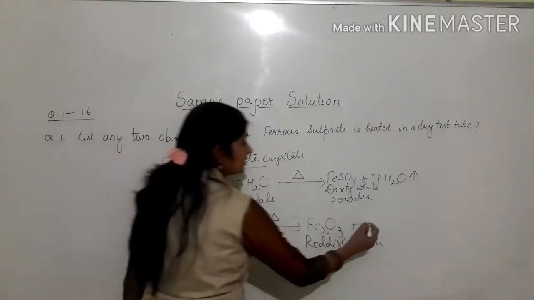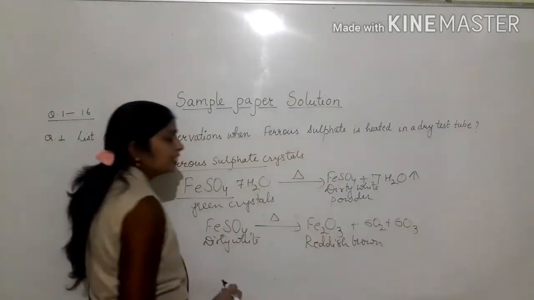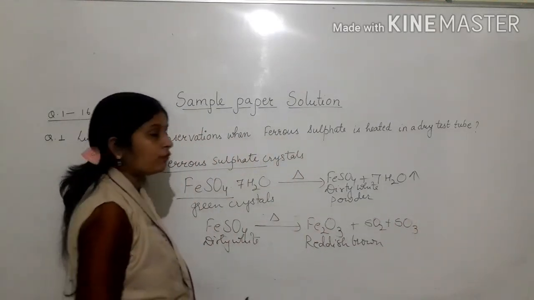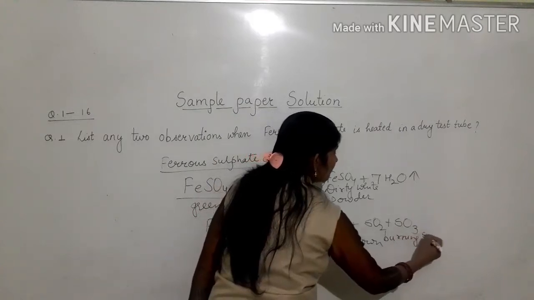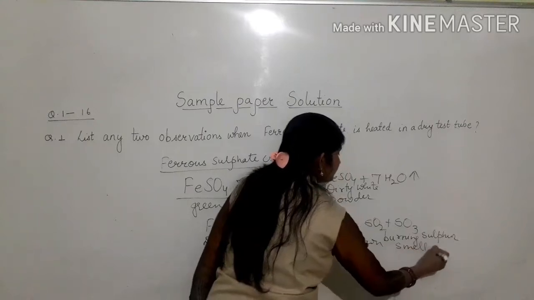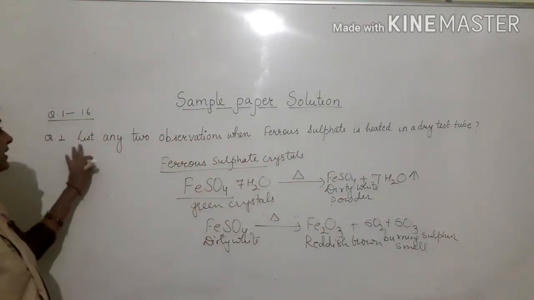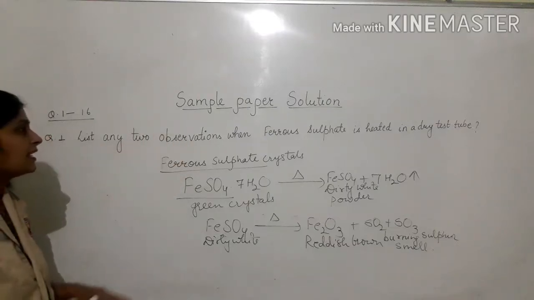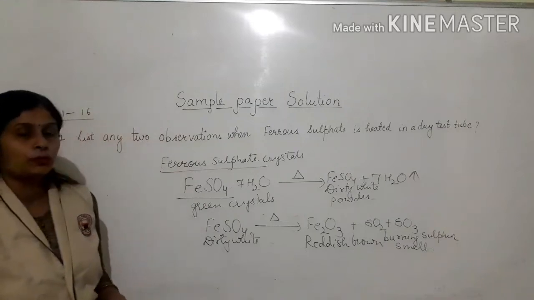Along with that, sulfur dioxide and sulfur trioxide gases are also formed, which produce burning sulfur smell. So, the question is, list any two observations when ferrous sulfate is heated in a dry test tube.